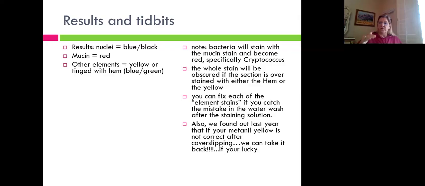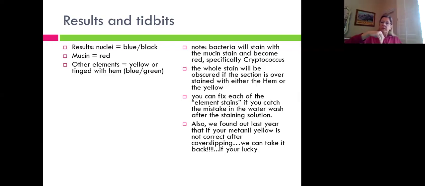Now, again, you can toggle throughout this entire stain. So you go into your Weigert's for a shorter period of time, you go into the water, you check it microscopically. If you don't like it, you can go back into the hematoxylin and make it darker, and toggle between that Weigert's and the water wash afterwards. When you go into your mucin, drop your mucin, come back to it again, 45 minutes to an hour, wash it in water, put it underneath the microscope, see if you like the color of it.